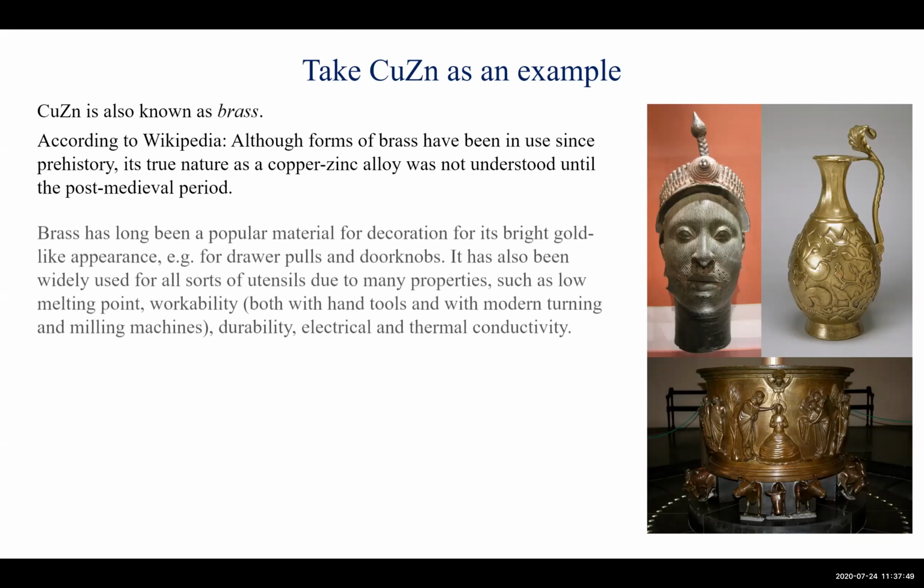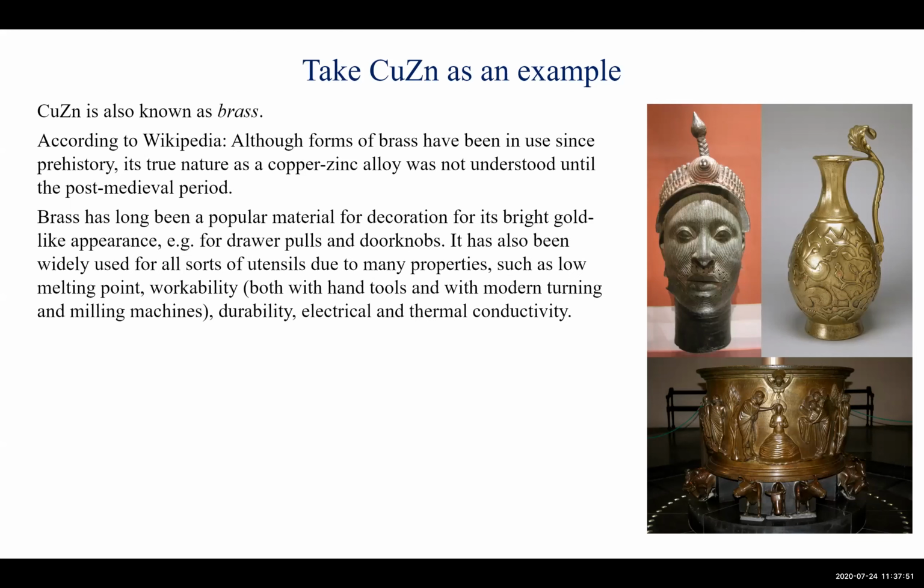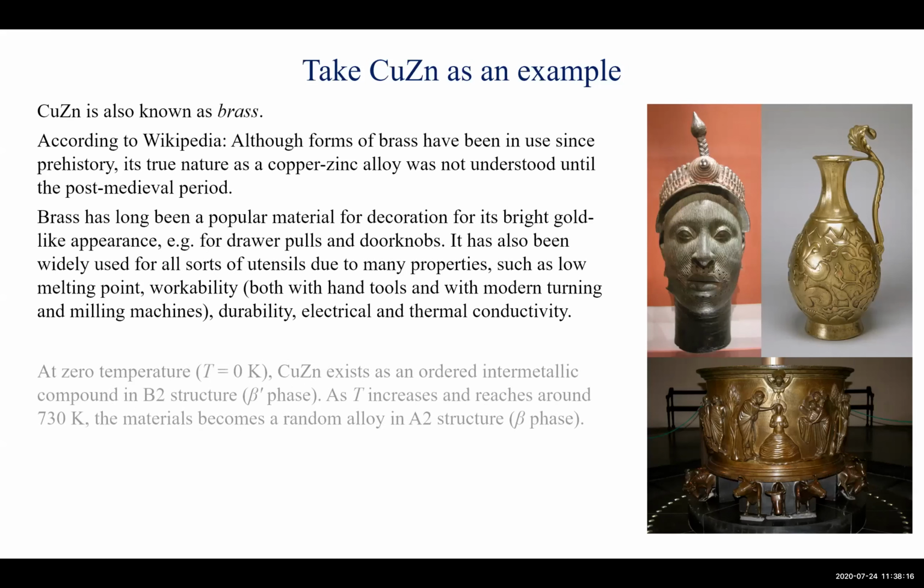It has been with us for a long time in history, with Asian civilization, used as doorknobs and all sorts of utensils because of interesting physical and mechanical properties, like electrical and thermal conductivity and durability.